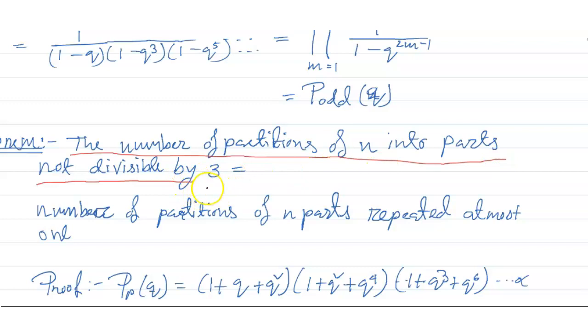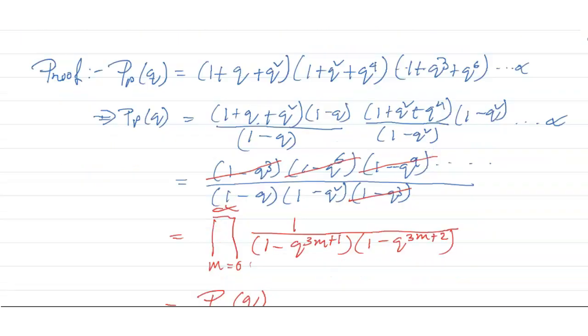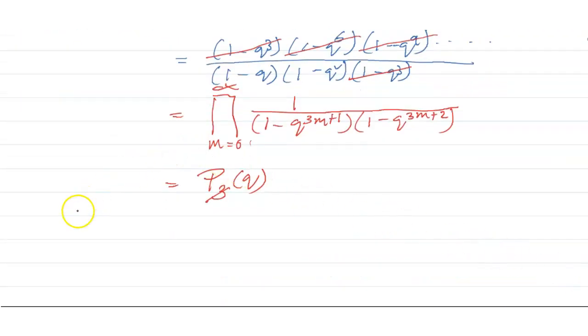So friends, I have already told you that even and odd is the same type, but this is divisible by 3. So I proved this theorem.